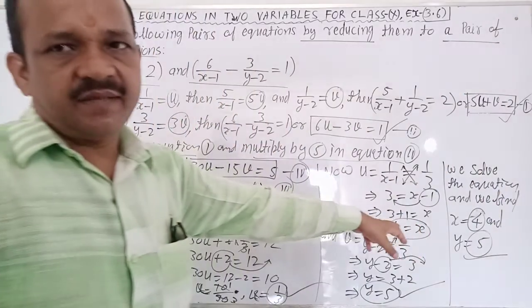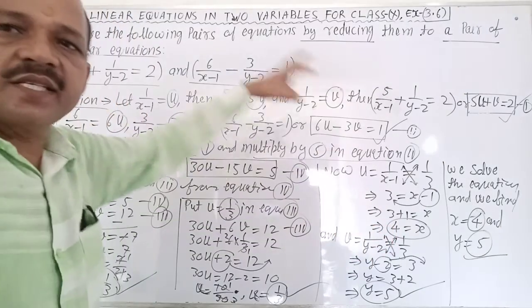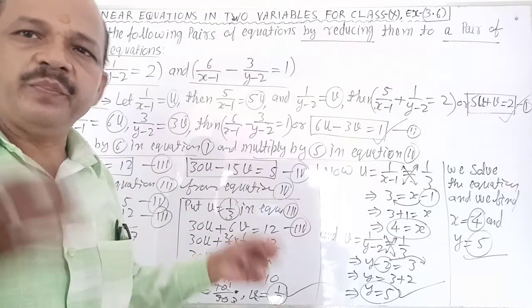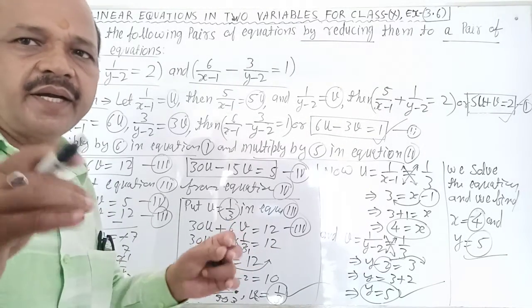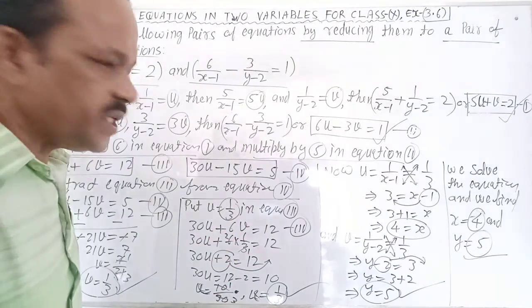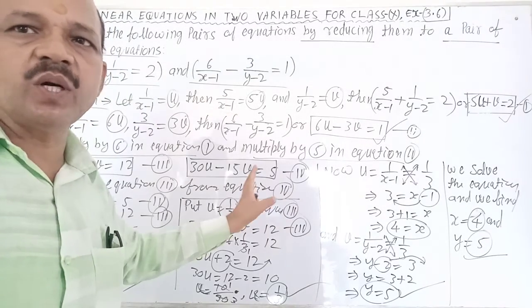It is your answer. In this way you can solve any question very easily and you can find the value of x and the value of y. Solution is clear, no confusion about it.